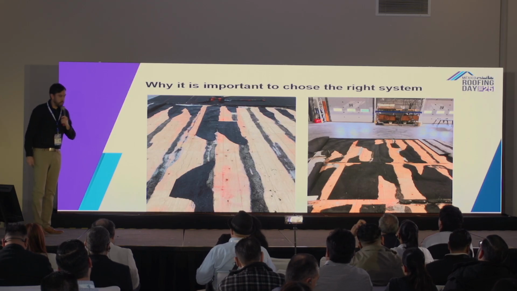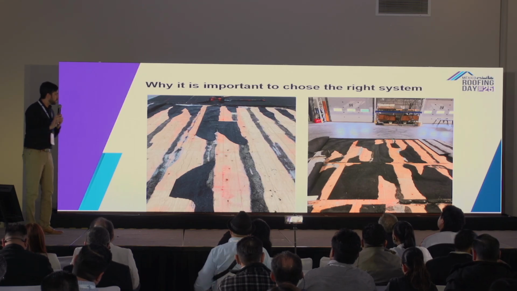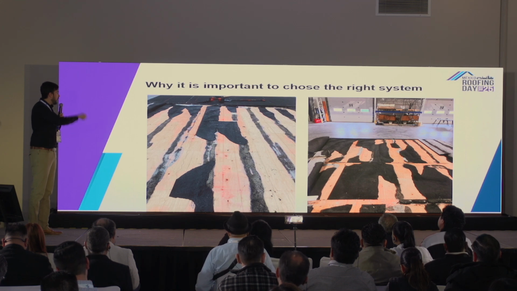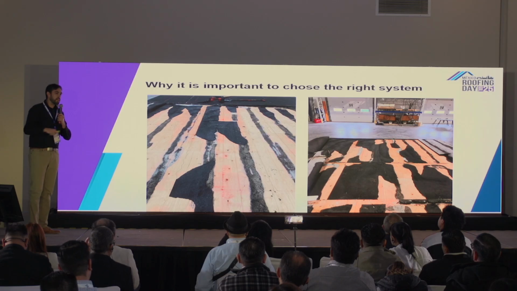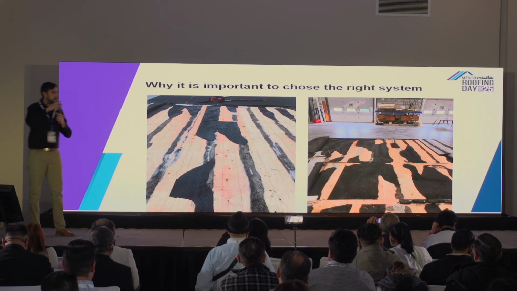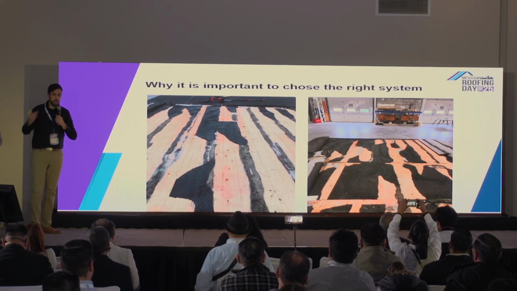Here you can see a wood deck, fairly common in Canada, but maybe not here. This is the adhesive pattern of an asphaltic board on top of that roof assembly. I was mentioning at the beginning of the presentation to keep in mind the adhesive pattern you saw on one of the roofs that failed.